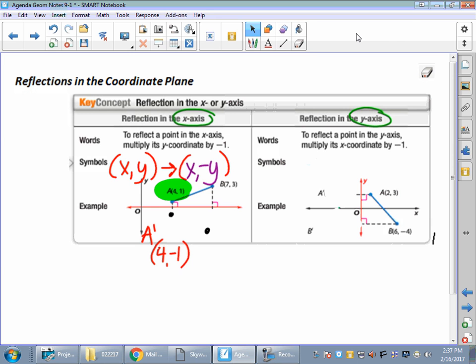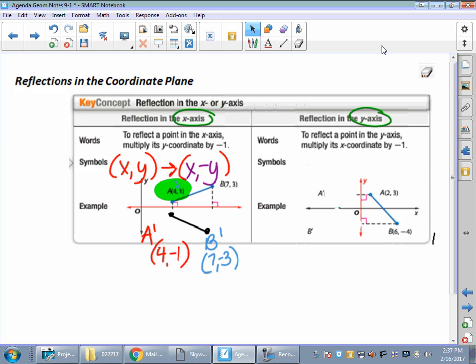So I take my y-coordinate and multiply that by negative 1. So my B prime will be my same x-coordinate and the opposite sign on my y-coordinate. So B prime should be 7, -3. And we could draw that so that segment AB is reflected over the x-axis.